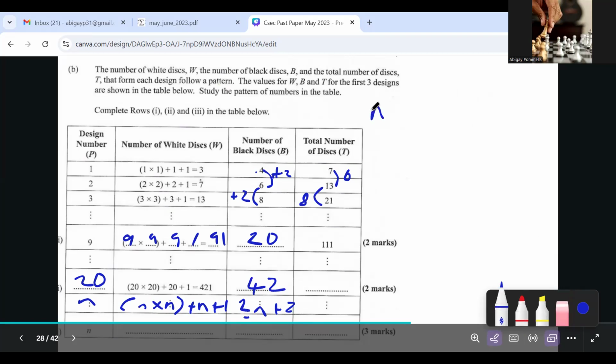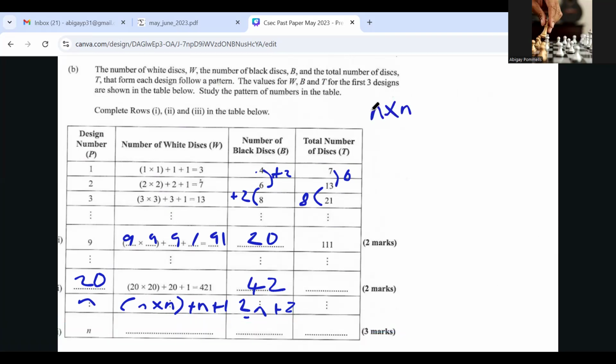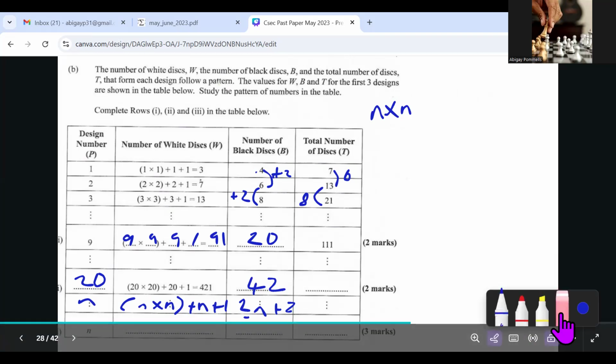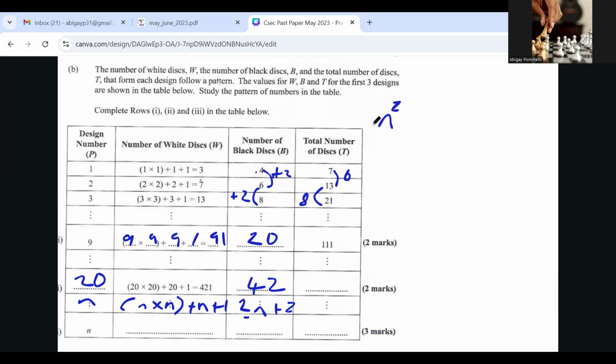So n times n, or we can say n squared, plus n plus 1 plus 2n plus 2.